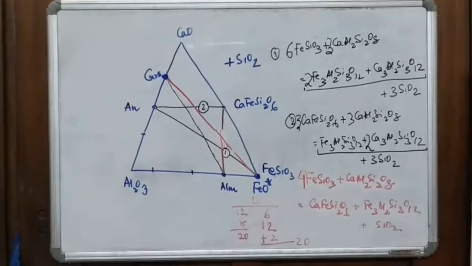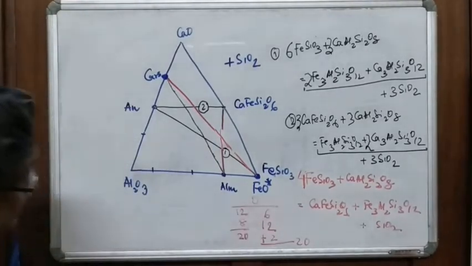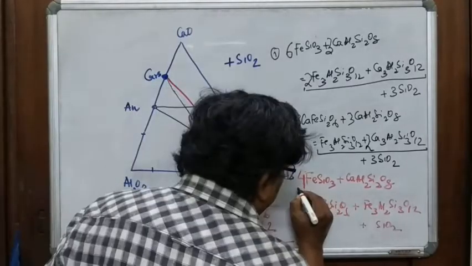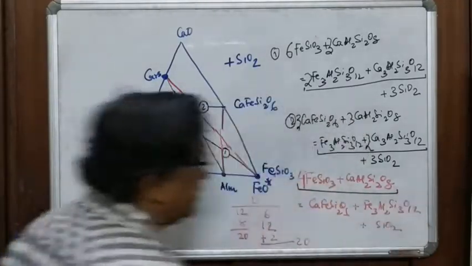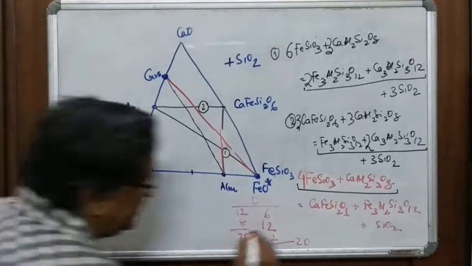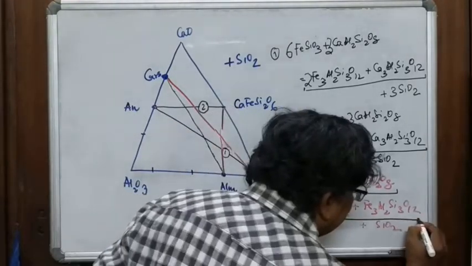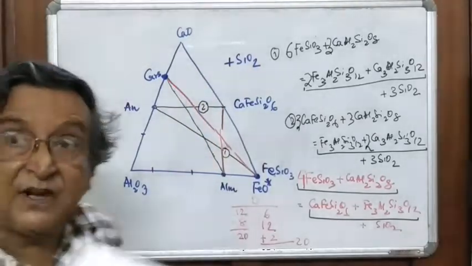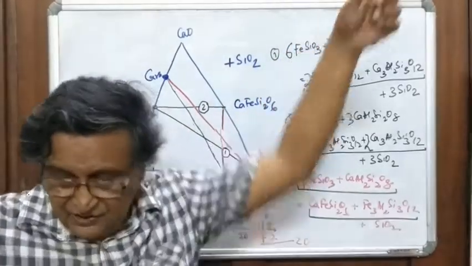Now the important point of this diagram is very simple. Why is it a very important reaction? This is the granulite facies assemblage, orthopyroxene plagioclase. And this one is the assemblage of garnet clinopyroxene, which is the high pressure assemblage.